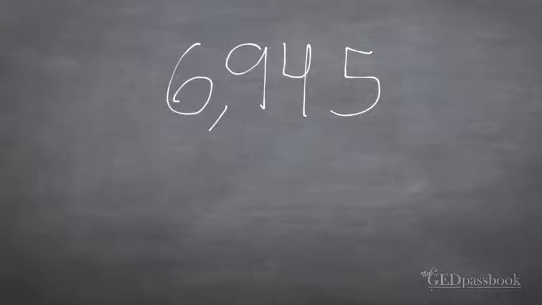Ones, tens, hundreds, thousands, 10,000s. What's the number in the 10,000s place? It technically doesn't have one, but there is a number there. That number is 0.